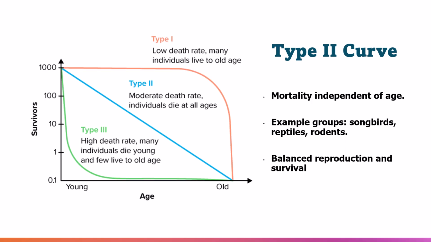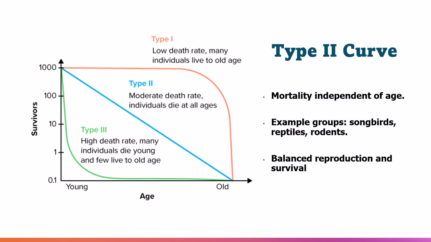As for type 2 curves, the chance of dying is equal at any age, so survival looks like a straight line, declining steadily from birth onwards. This means babies are just as likely to die as adults or older individuals.